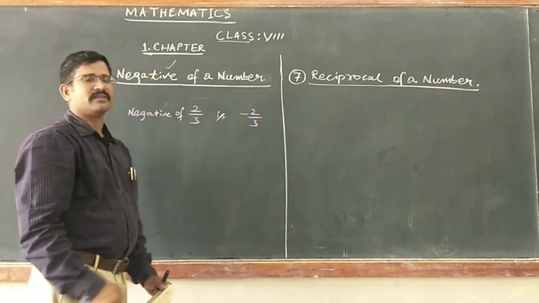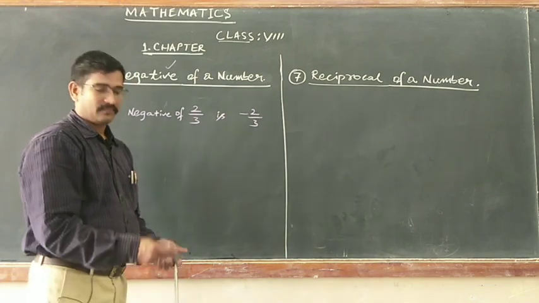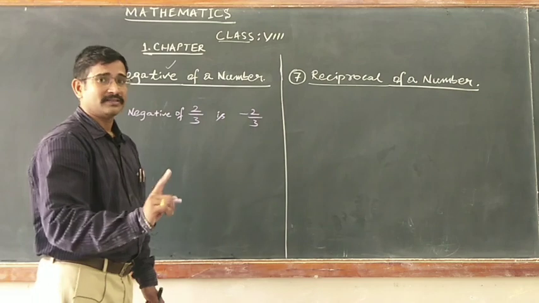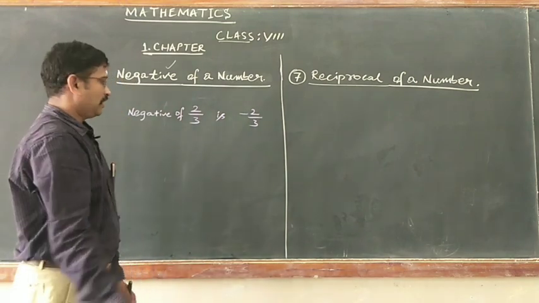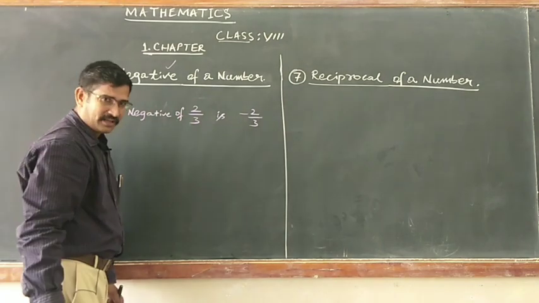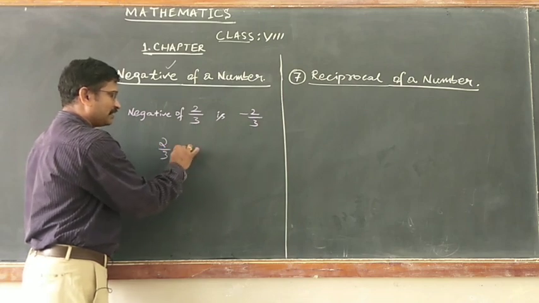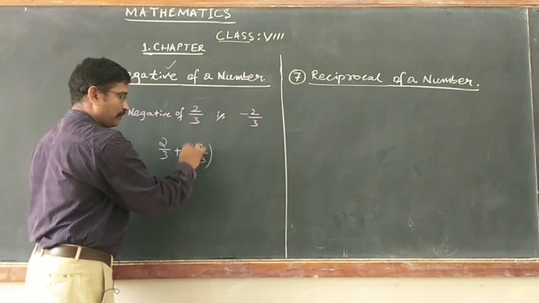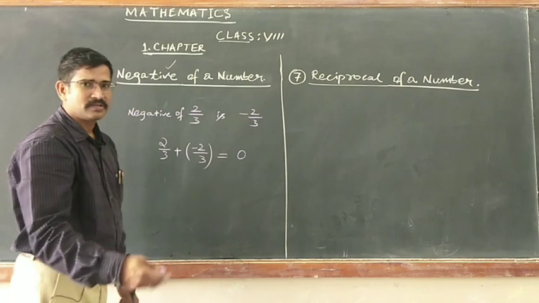What is the use of this negative of 2 by 3? Let us see, that is what this property talks about. What is the use of negative of 2 by 3, which is minus 2 by 3? Very simple. When I add them, it gives me 0.